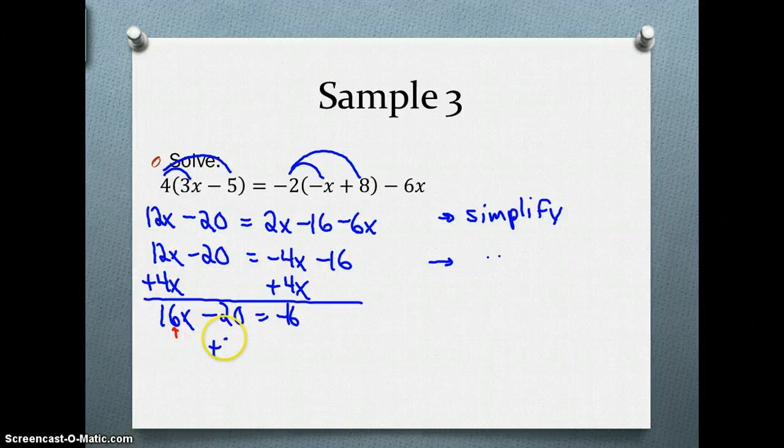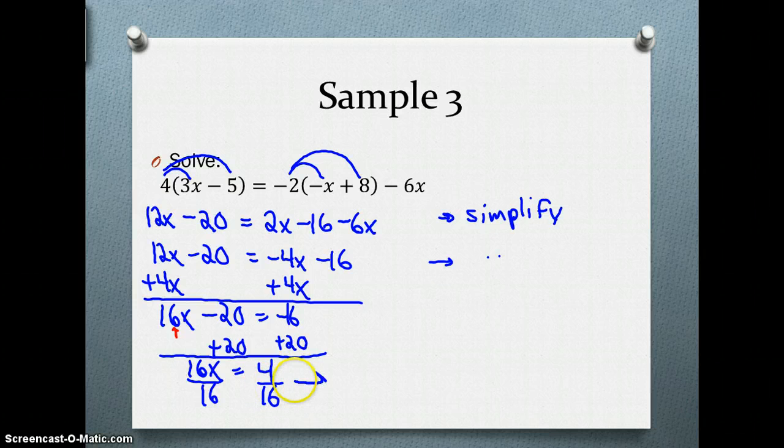To do that, I'm going to add 20 to both sides. I get 16x equals 4. And again, 16 times x, the inverse of multiplication is division. I end up getting x is equal to 1/4, because 4 over 16 simplifies to 1/4.